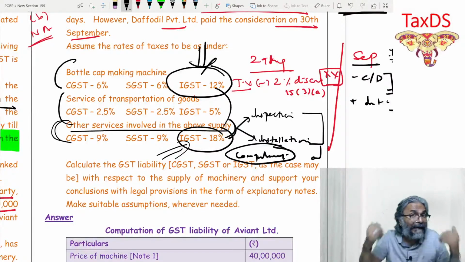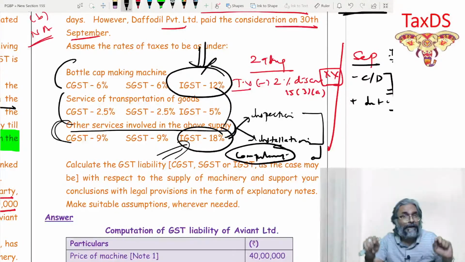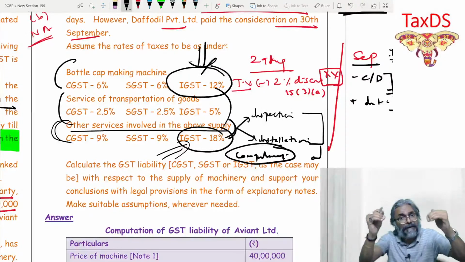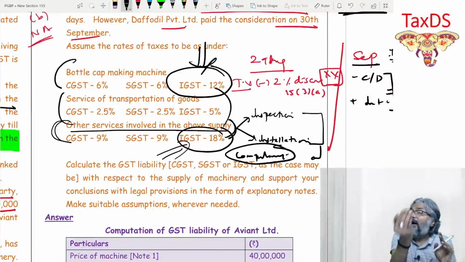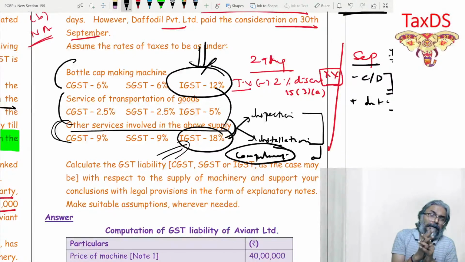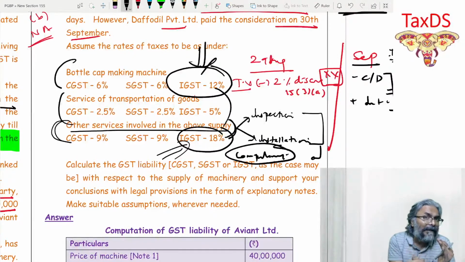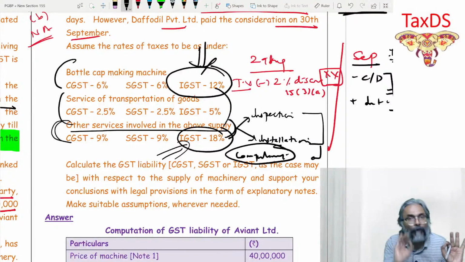Now how do you write in your answer? Remember students, I gave you the chart, the diagram. The same way you have to explain that this is a composite supply. How do you know it's a composite supply? First of all, it is naturally bundled. Why do I say it is naturally bundled? Because it is compulsorily given. There is no option.